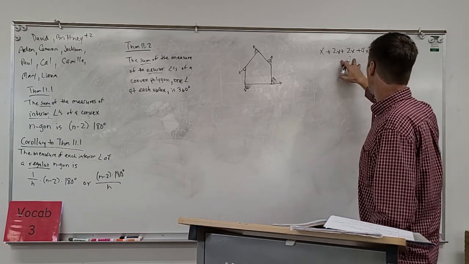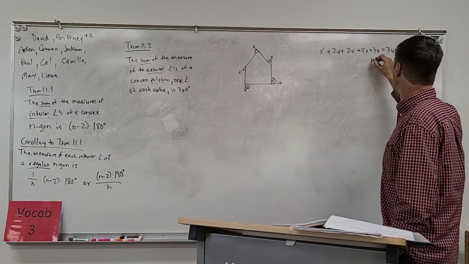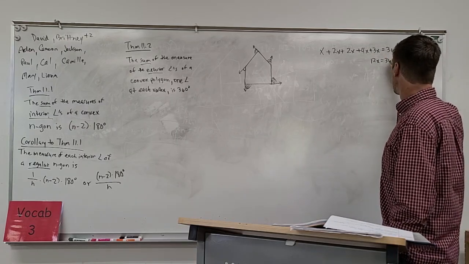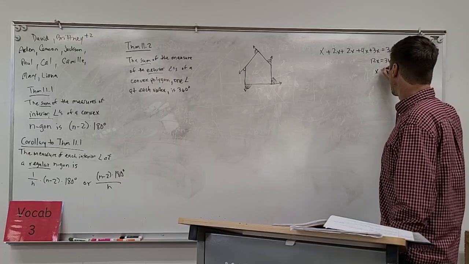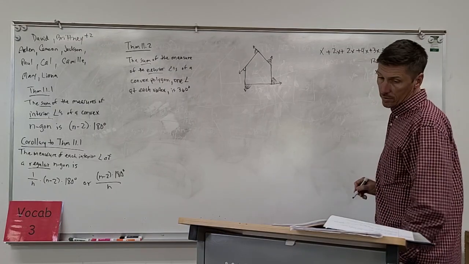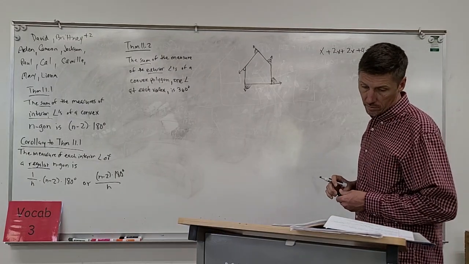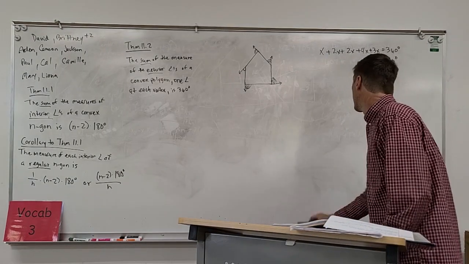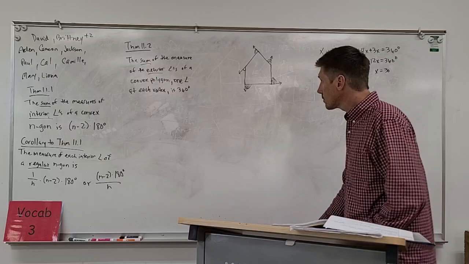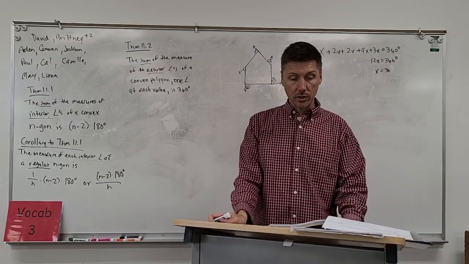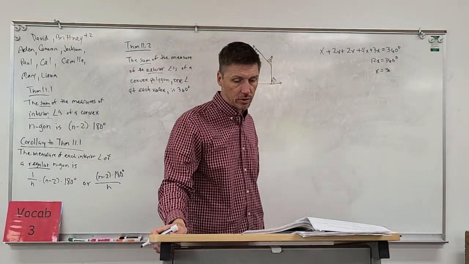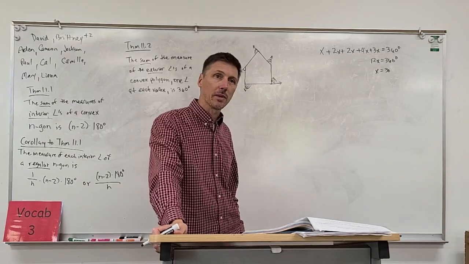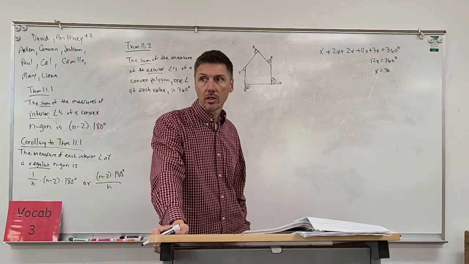So that's 12x equals 360 degrees. So x has to equal 30. Sorry, not degrees. And so for that particular problem, I could ask you to tell me what all the exterior angles are, and then you have to plug the x back in and figure out the measurement for that.